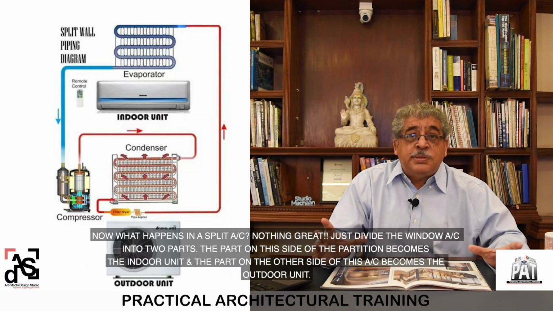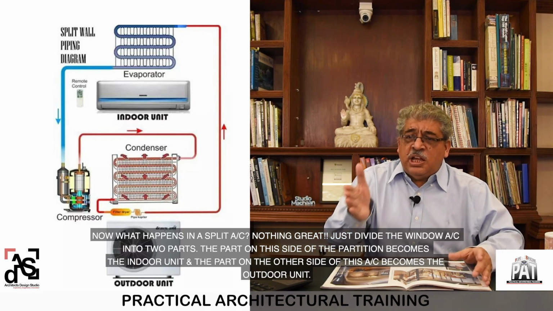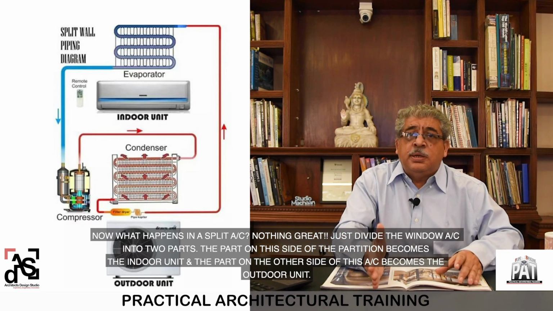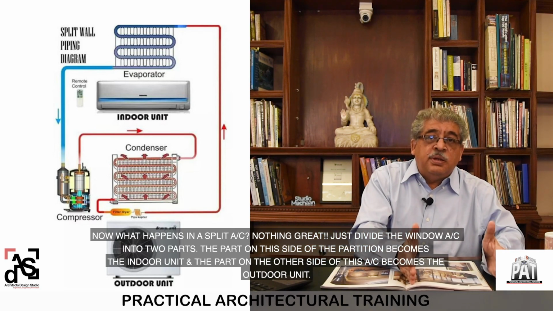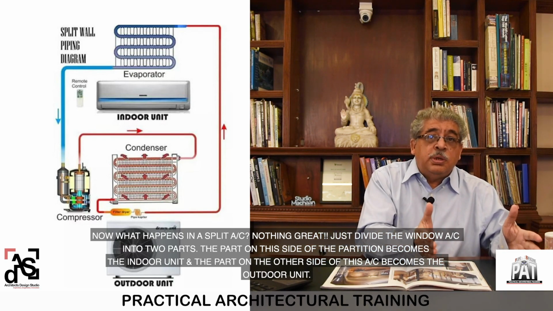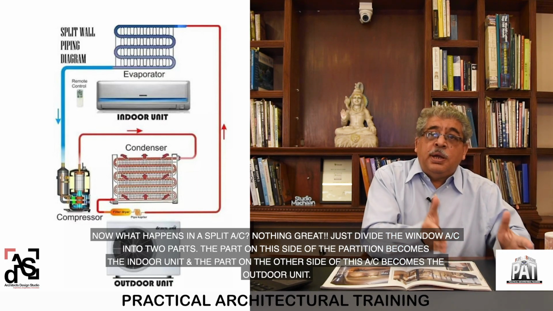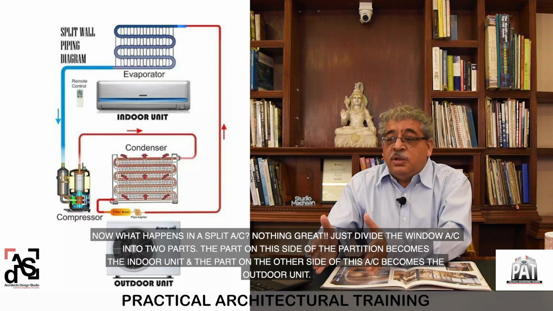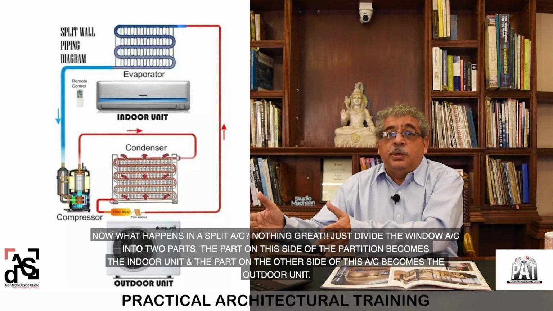Now what happens in a split AC? Nothing great. Just divide the window AC into two parts. The part on this side, which is towards the room, becomes the indoor unit, and the part on the other side, which is the outside part, becomes the outdoor unit.